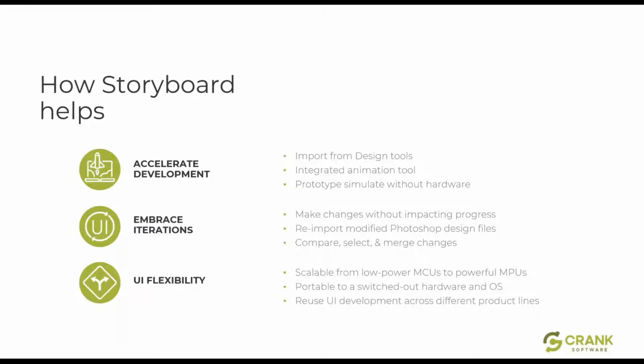And then those UIs can be brought to life using Storyboard's integrated animation tool that allows you to create, edit, and review animations all directly within the tool, as well as perform that critical usability testing and prototyping that really allows you to gain stakeholder feedback earlier on in the design project, allowing that project to move along quickly. And then, of course, the UI can be exported to a mobile device or a portable device for that portable hands-on user testing experience. So you can take it to them, as well as done on the desktop.